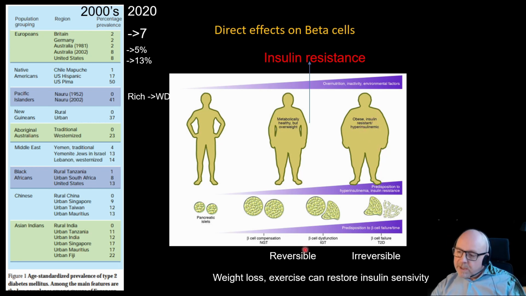What's interesting is that up to this stage, even insulin resistance and being overweight, it's a reversible condition, right? So weight loss and exercise can restore insulin sensitivity, and you can revert back to the normal situation. However, if you go into the morbidly obese situation and you lose healthy beta cells, they start dying off, then it becomes irreversible. Then you'll need medications like insulin and metformin.